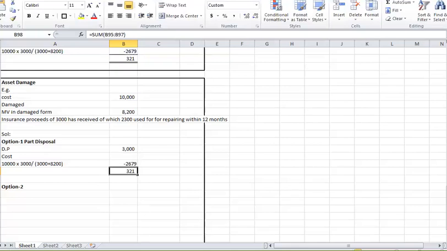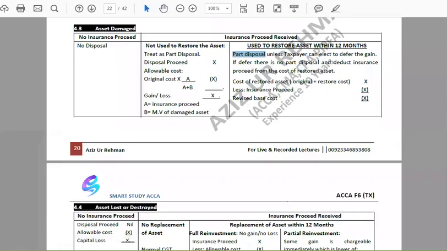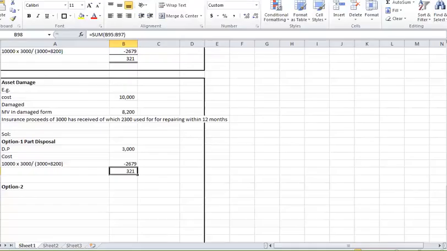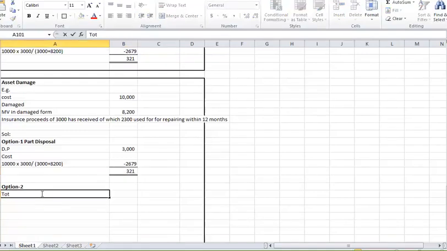And what is option number 2? Option number 2, we can defer, we can delay the gain. How to delay it? First, you will write down your total cost. And what is your total cost? Original cost plus repair cost.